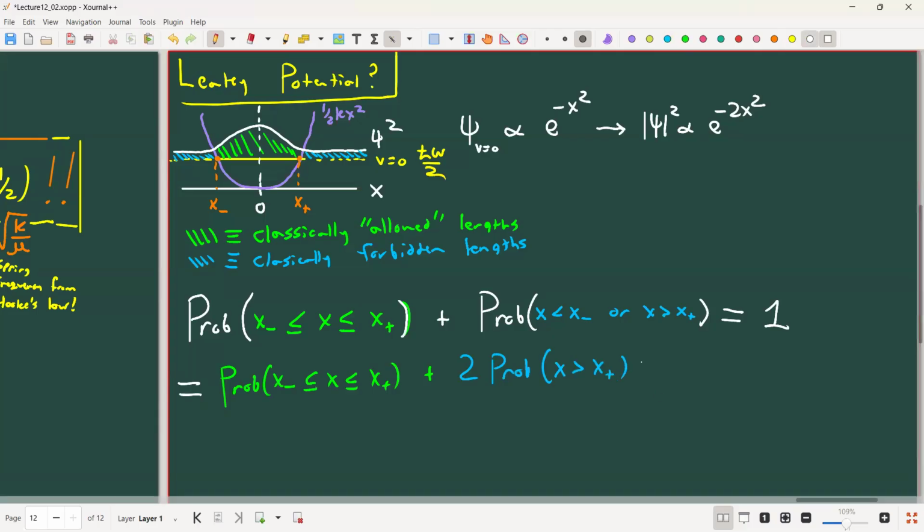This has to be equal to 1, because the probability that x is less than x minus is exactly the same as for x plus. They're symmetric. So how do I calculate these? Well, what I'm interested in is really the probability I find it on the outside. If I know this number or this number, I know the other one. So let's go ahead and calculate that.